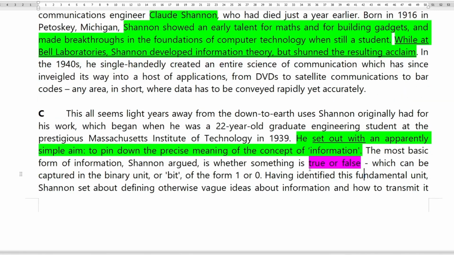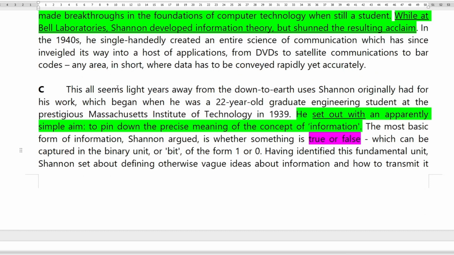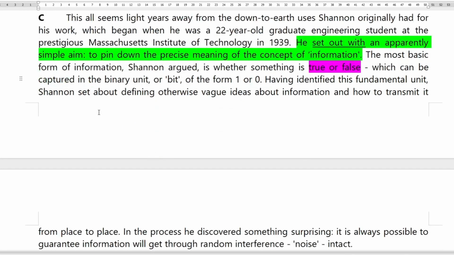So what happened to him? Shannon. Okay, we have that. True or false, which can be captured. Shannon set about defining otherwise vague ideas about information, how to transmit it from place to place.